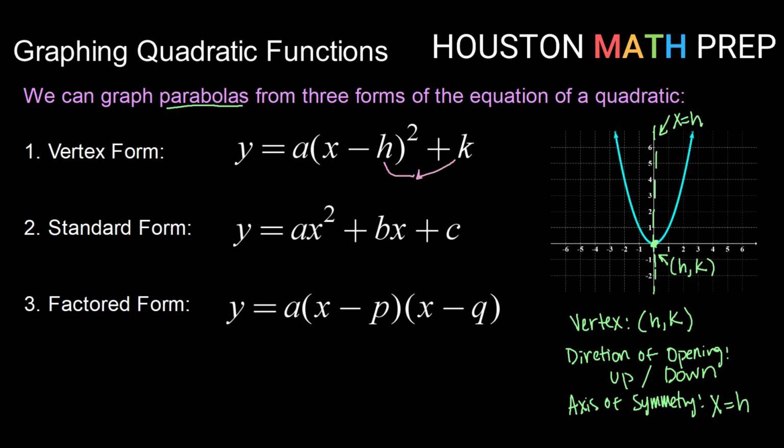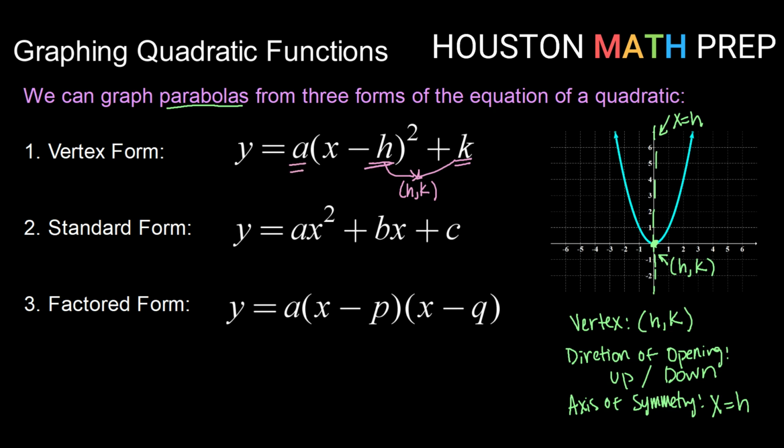So we can pretty quickly and easily see our vertex h, k. Notice, just like with transformations, it's opposite on the inside. So even though it says minus h, that gives us an x value of h. And then plus k, it's on the outside, so it's exactly what it looks like. That gives us k as our y value.